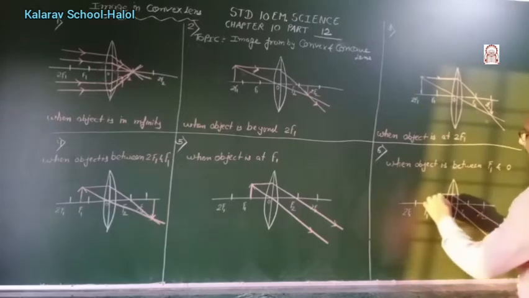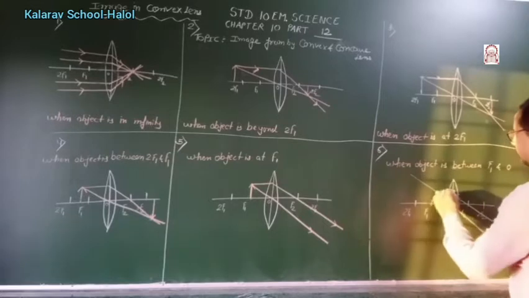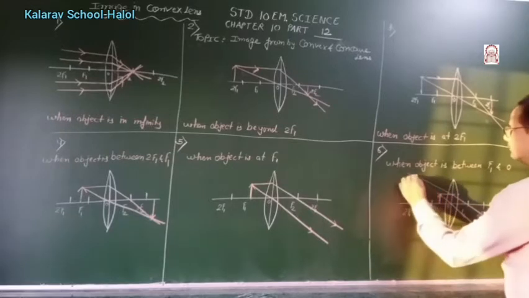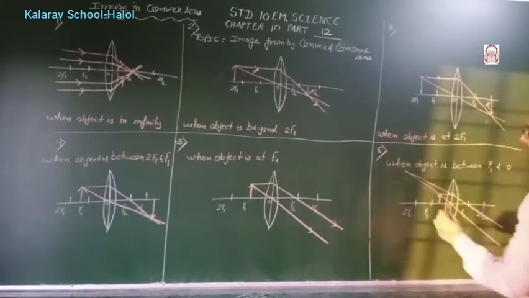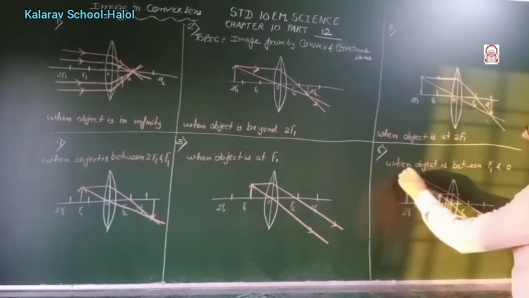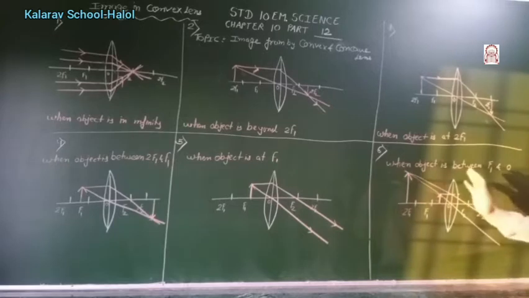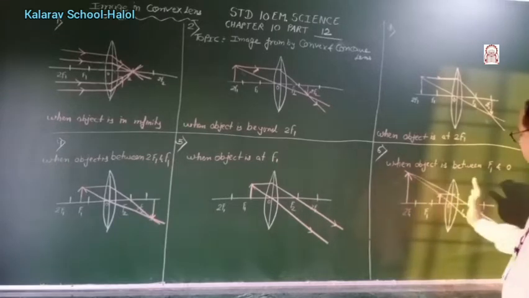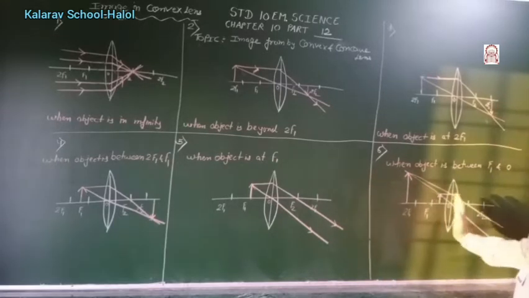If you extend them on the other side, they will meet on this side, and when you draw it, the image will be formed on the same side of the lens. लेंस के इसी साइड में बनेगा.